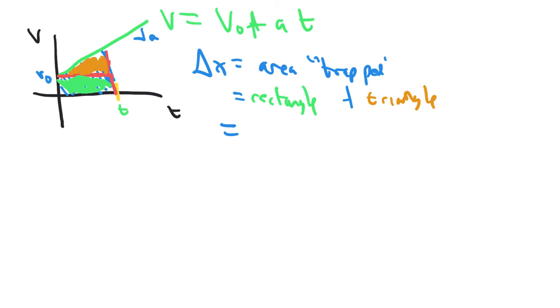The rectangle is easy, it's V0 times T. And the triangle is pretty easy because it's 1/2 times the base, which is T, times the height, which we can see is V minus V0.